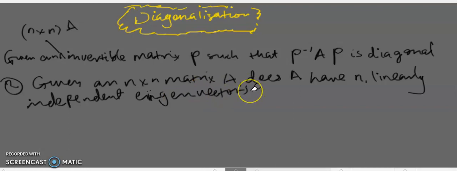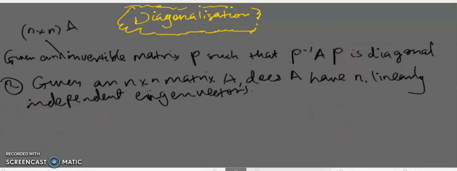This is why I like linear algebra, because this is actually going into my field. We are entering pure mathematics, where we need to prove that some formulas that we use are actually true or false. In diagonalization there are two things we investigate. Given an n by n matrix, which is simply a square matrix with the same number of rows and columns, is there a matrix P such that P inverse A P is diagonal?